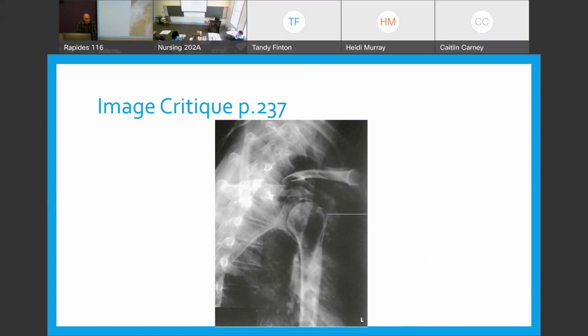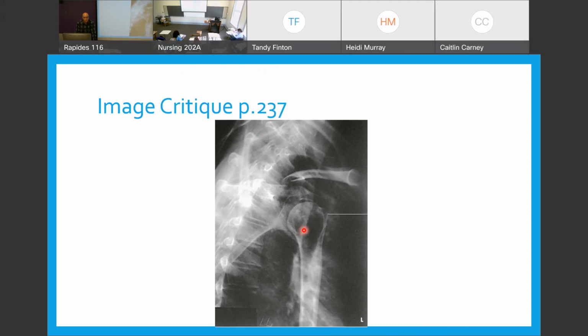Presley, this is a lateral scapula. No. What's in the middle? Crosshair it. What part of the humerus?